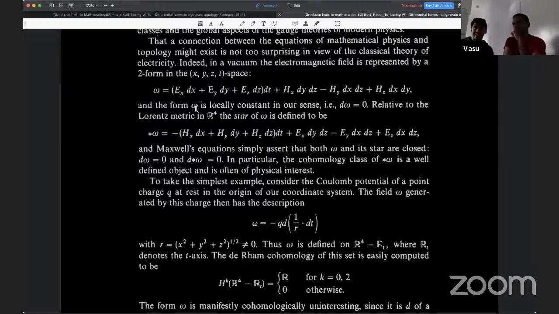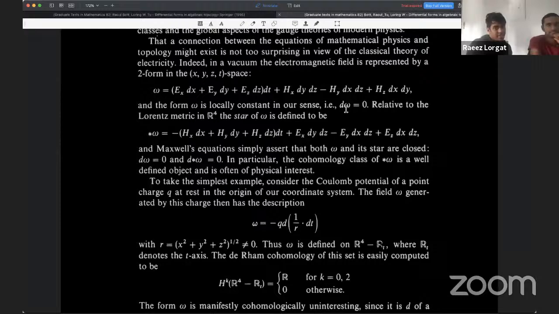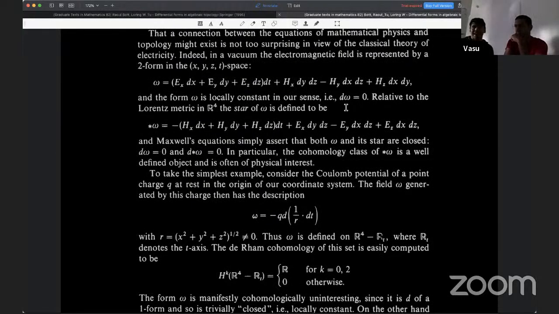It's important that the form omega is locally constant in our sense, and that's inherent to Maxwell's equations. It is part of it.